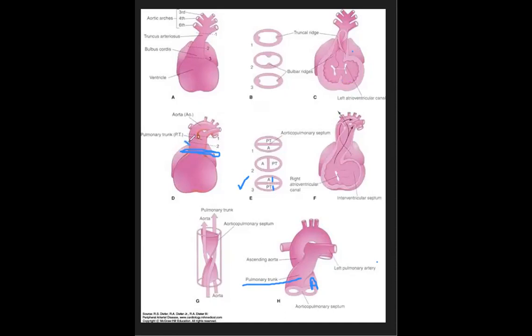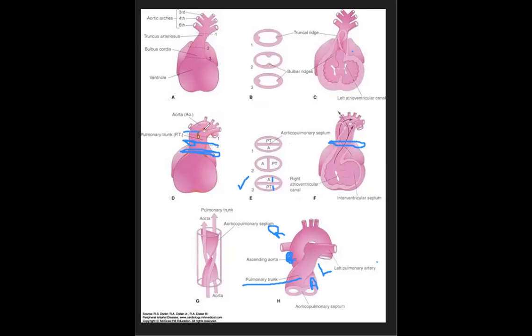But at this level, number 2, it twisted 90 degrees. The aorta is present towards the right side and the pulmonary trunk is present towards the left side. At this level, number 2.